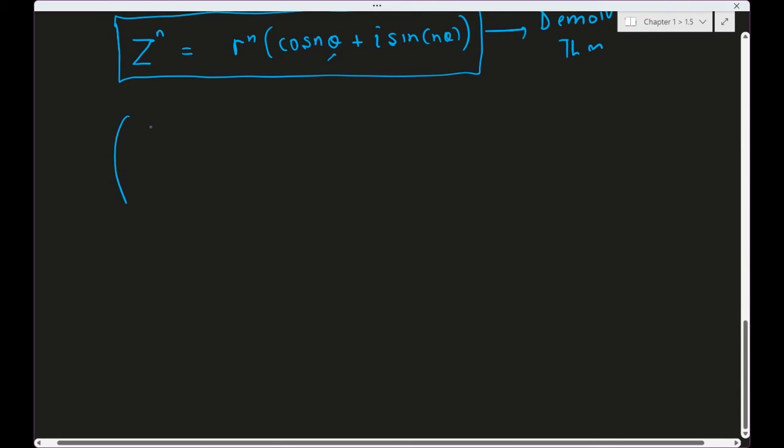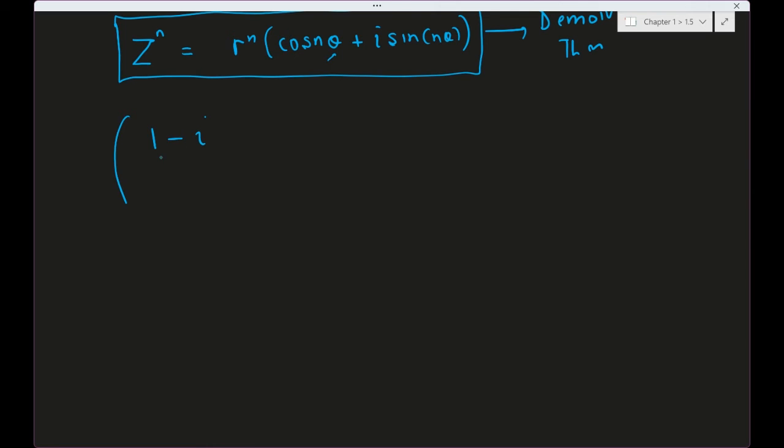For example, you might have seen this type of question: (1 minus i over 1 plus i) to power 75. Now, to solve this, this is what some of my students did.